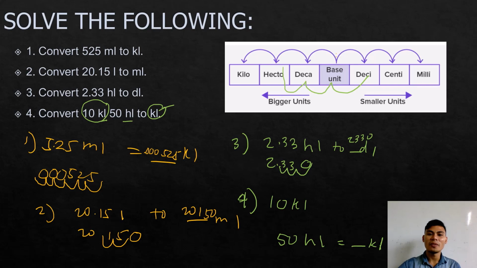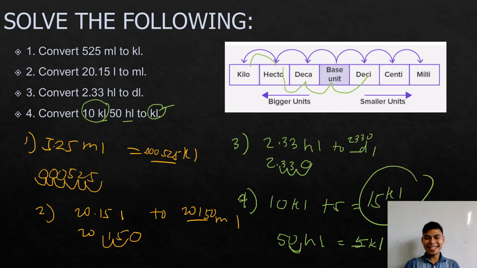So, ilang move? 1. So, it's 1 move to the left. Tingnan nyo. 1, di ba? Dito ang decimal point. So, 50 hectoliter is 5 kiloliters. So, 10 plus 5, it's 15 kiloliters. And that's it. Basic na basic lang po ang concept.